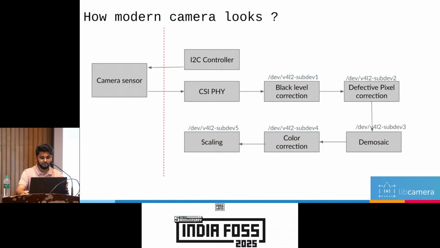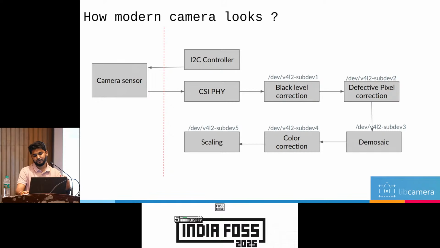Once the raw or bare sensor image comes, it goes to the black level correction. Sensors have a dark current, so even a black pixel draws some current, and there is some offset. To get the correct pixel value, we have the black level correction.